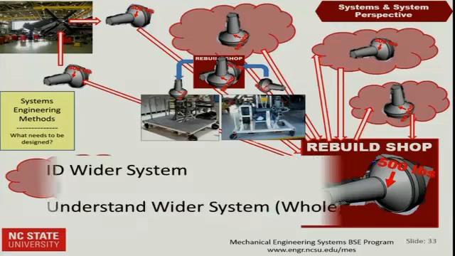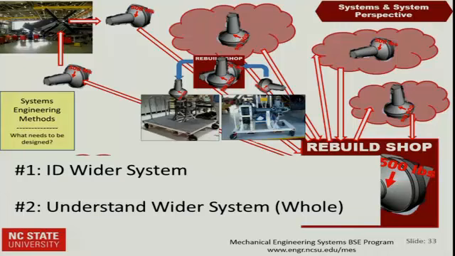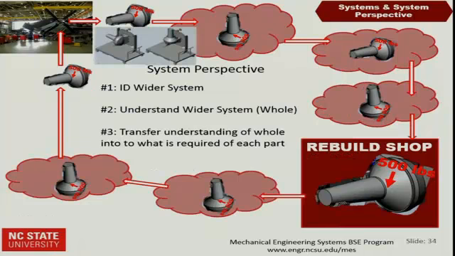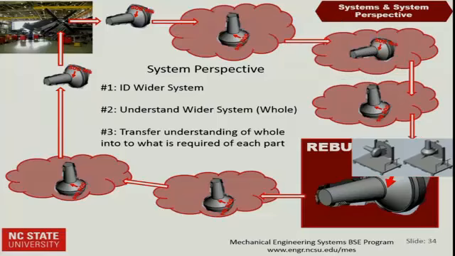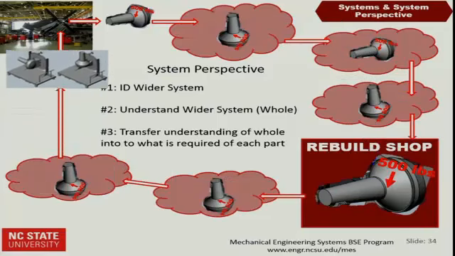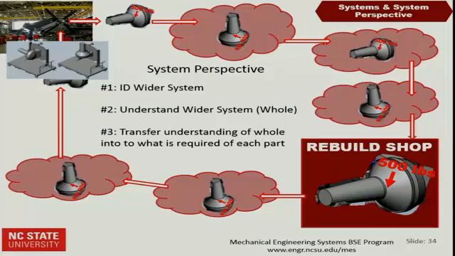So what they realized, when they studied that wider system, is that if they could design their device so that it could change the orientation, the gearbox could come off, and the back could be open so that it could be painted and cleaned. If they could accommodate all those operations, then it could come off the helicopter, stay on their cart all the way through, and then go back on the helicopter.